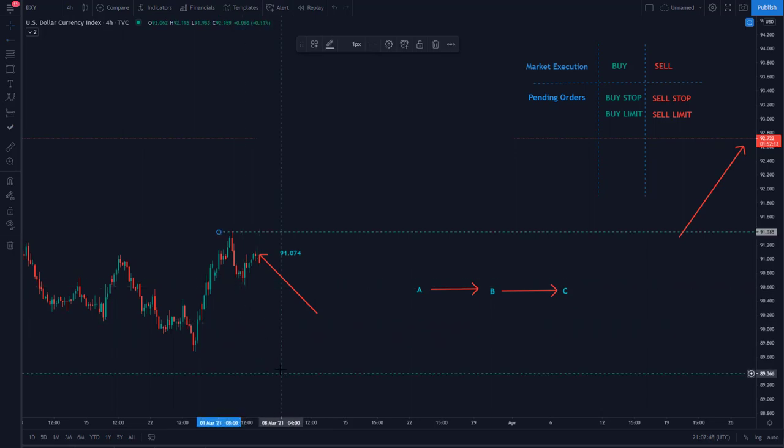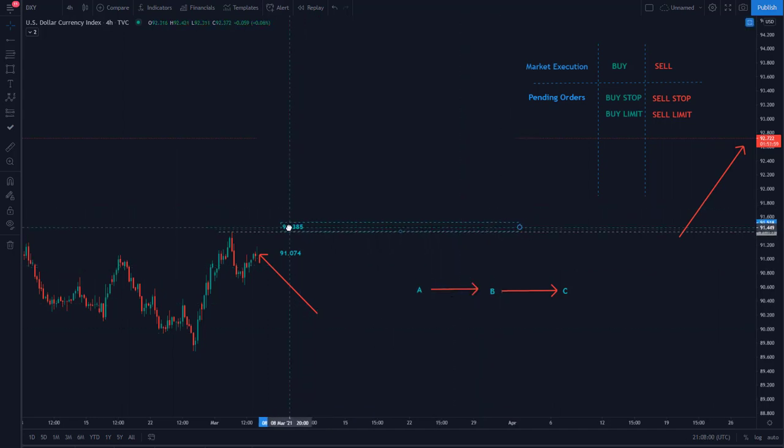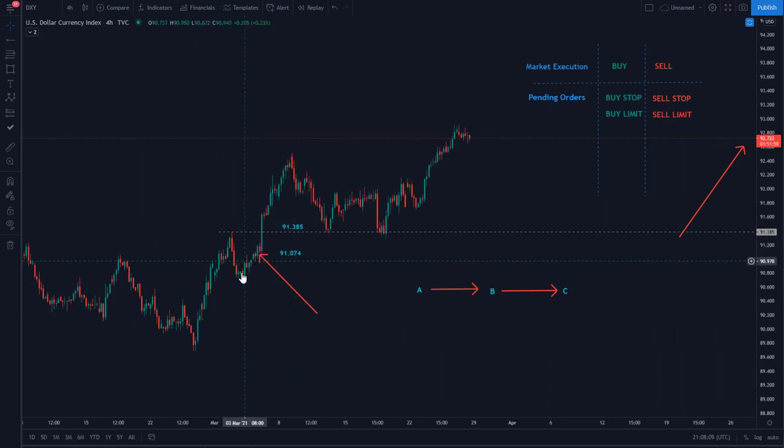If the dollar gets to 91.385, this is just an example, guys. Let's assume this is our current candlestick and it's at 91.074.